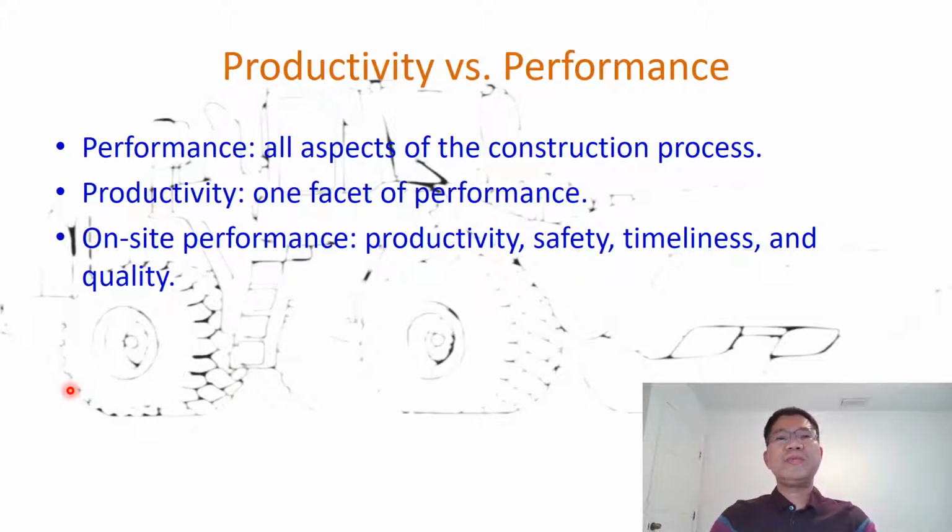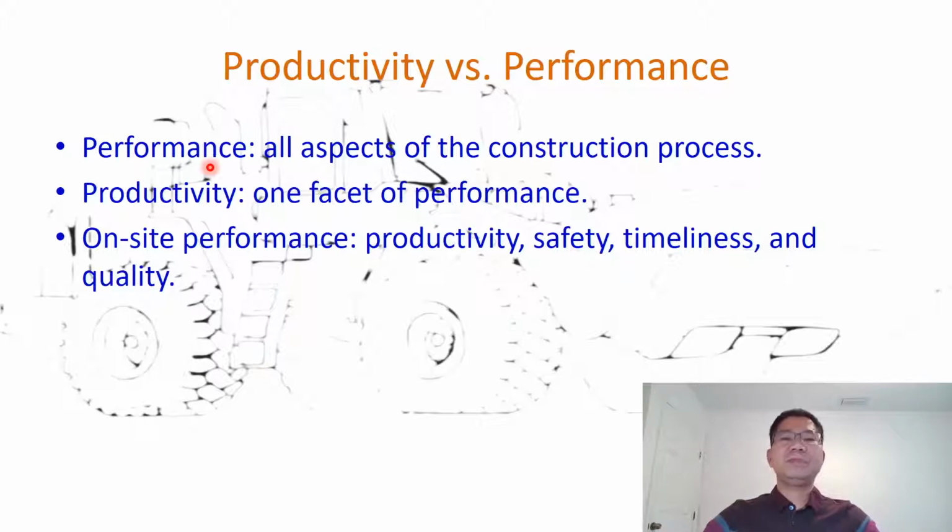We need to differentiate the difference between productivity and performance. Performance in this class covers all aspects of construction processes, and productivity is one aspect of the performance. When we say performance, for example on-site performance, that is the goal that we try to achieve, including productivity, safety, timeliness, and quality.